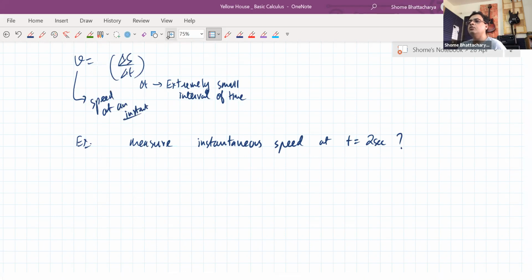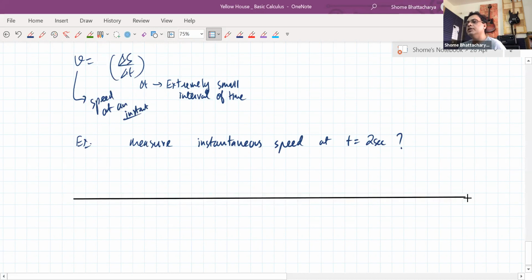Practically, we are back to that first situation, where we had an object moving along the x-axis. Suppose this object was here at t equal to 0, then somewhere here at t equal to 2 seconds, then somewhere here at t equal to 3 seconds. That's not going to help me so much if I know the value of this and the value of this.